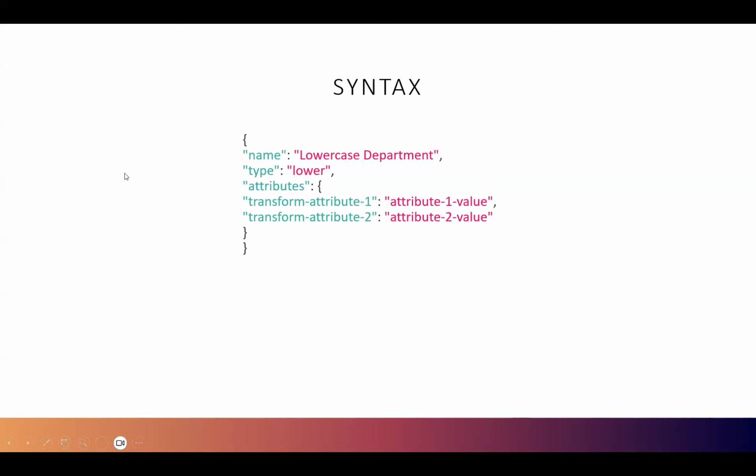Then attributes. This specifies any attributes or configurations for controlling how the transform works. As we mentioned in the earlier configuring transform behavior, each transform type has a different set of attribute values. So this is the basic syntax.